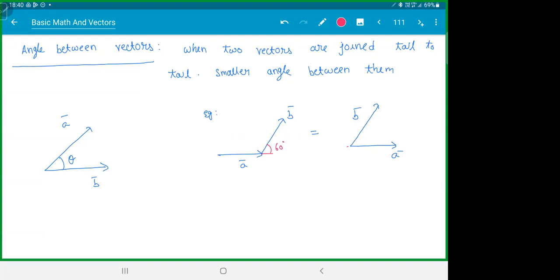Wait, I wrote it wrong here. I should have given this thing 120. So when you shift it forward, this angle actually is 60. I actually gave the right angle. So 60 degrees is the angle between A bar and B bar.